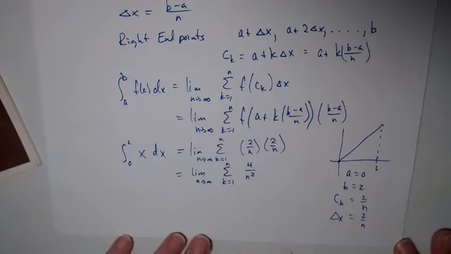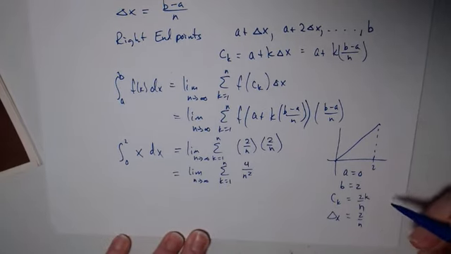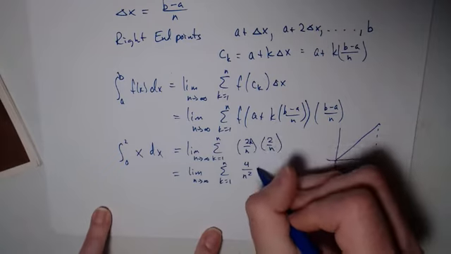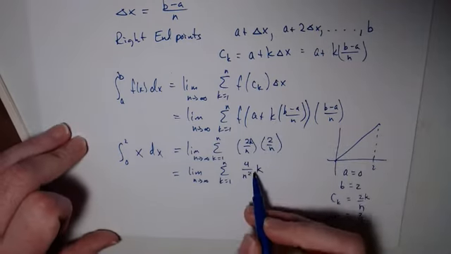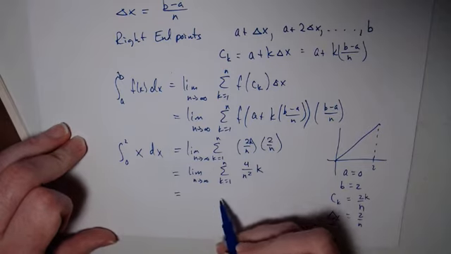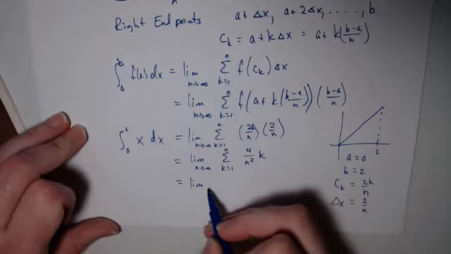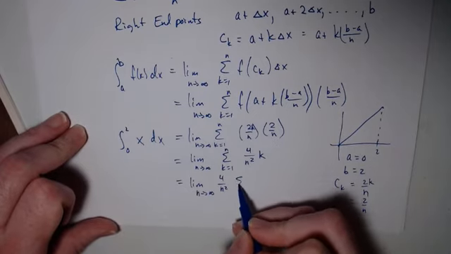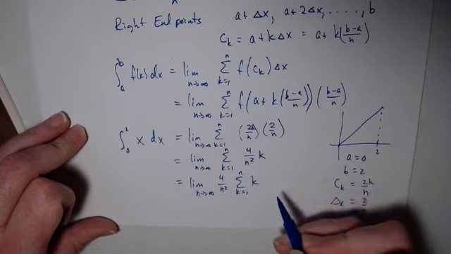I skipped something here. ck here is not 2 over n, it's 2k over n. There we go, that's a little better. So I have 4 over n squared times k. The 4 over n squared can come out, not of the limit, but of the sum. So the limit as n goes to infinity of 4 over n squared, the sum as k goes from 1 to n of k.